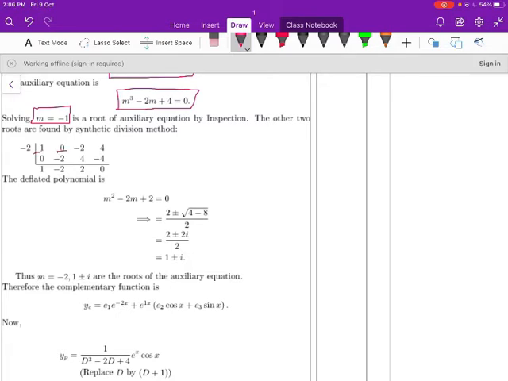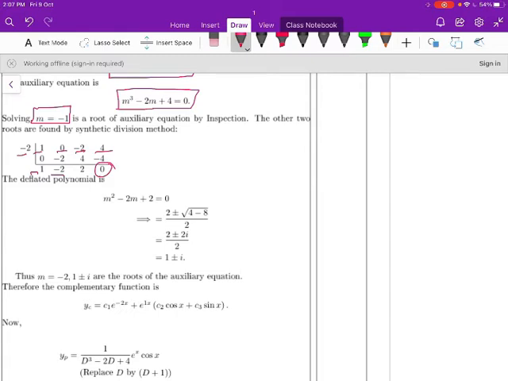Let us take the coefficients of m cube, that is 1, m square coefficient 0, m coefficient minus 2 and constant 4. You know the procedure: take 0 and add up, 1 plus 0 is 1, then multiply minus 2 into 1 is minus 2, 0 minus 2 is minus 2, minus 2 into minus 2 is plus 4, 4 plus 4... the remainder is always 0.